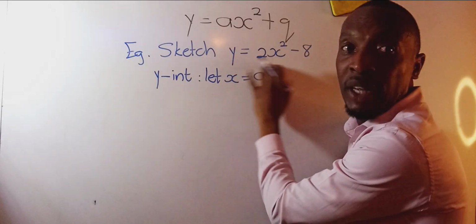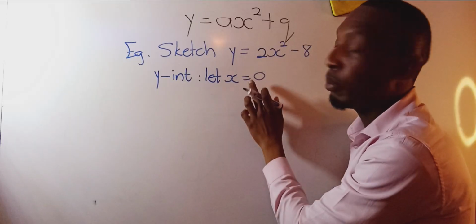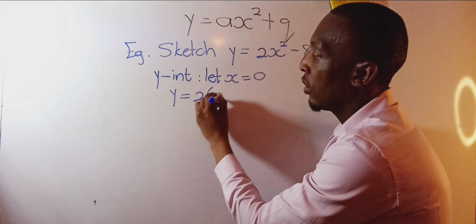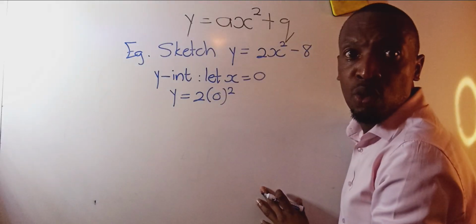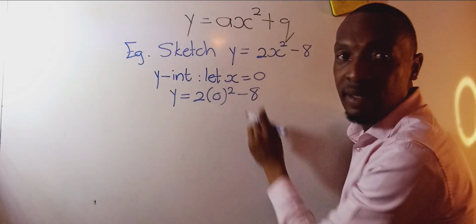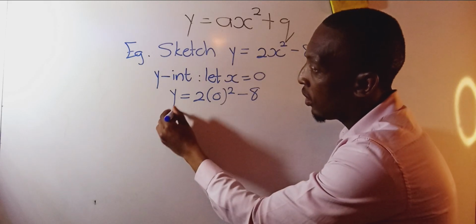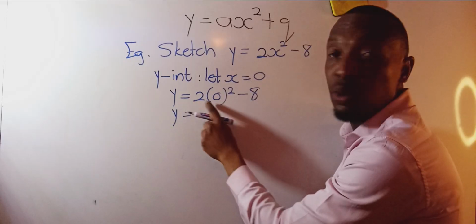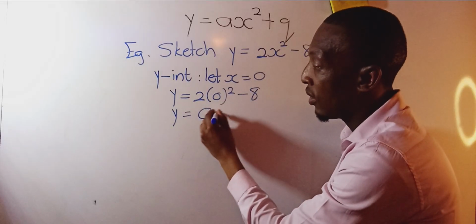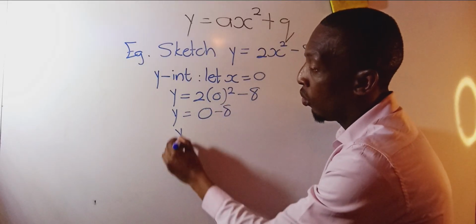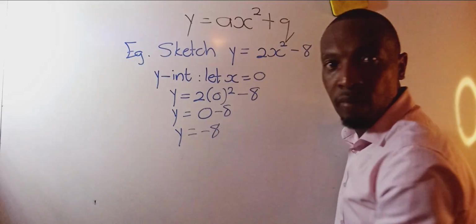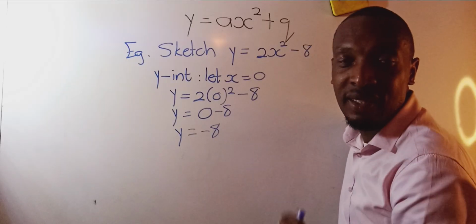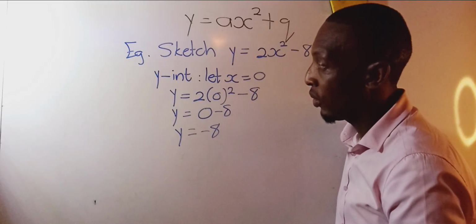So I go to my equation where I see an x, I'm going to put 0. So it's going to be y is equal to 2 times 0 all squared minus 8, right? So this means that 0 squared is 0, 2 times 0 is 0, so it's 0 minus 8. And what do you know? My y-intercept is -8. I know that this graph cuts my y-axis at -8, okay?